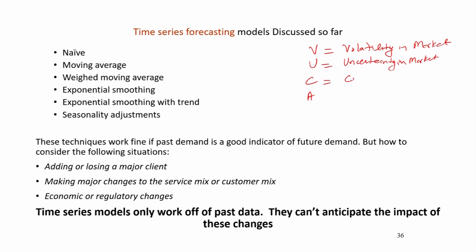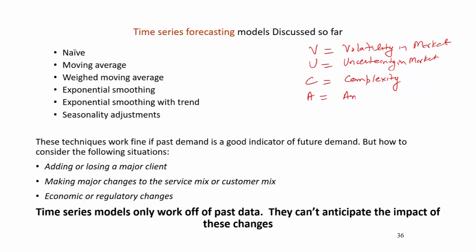And if there is complexity, you are not able to make out why your demand is changing from period to period, what are those external factors, those independent factors, you are not able to capture, or there may be a large number of independent factors which are influencing the demand of your product.